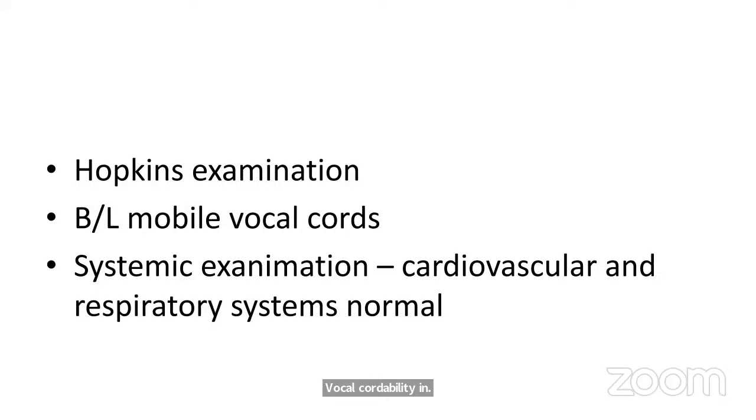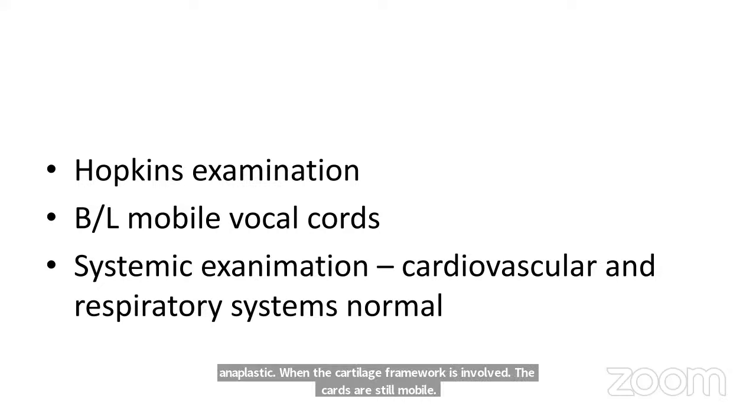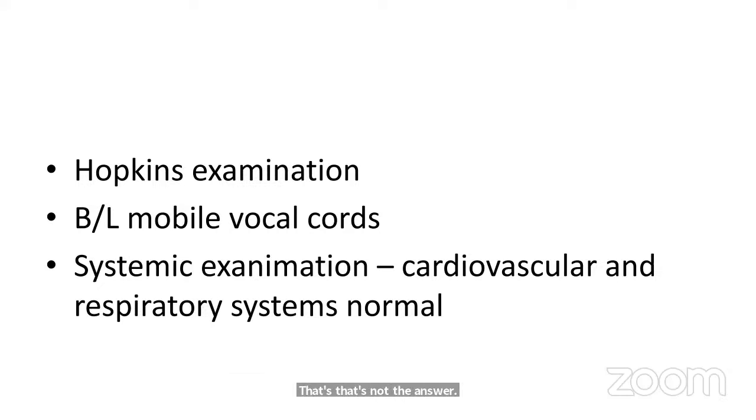Because of involvement of the recurrent laryngeal nerve, and because of direct infiltration of the larynx. How many patients of DTC have you seen, even advanced DTCs, even anaplastic, when the cartilage framework is involved, where the cords are still mobile? That's not the answer. There are three reasons for vocal cord immobility in thyroid disease. What are the three causes?